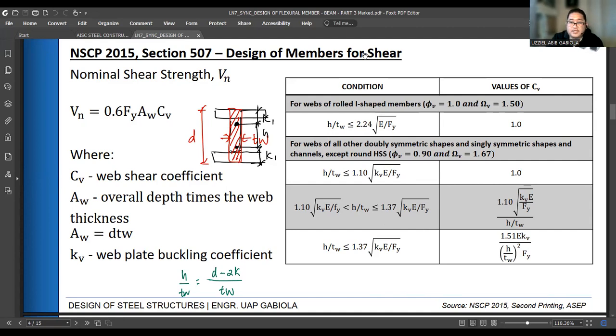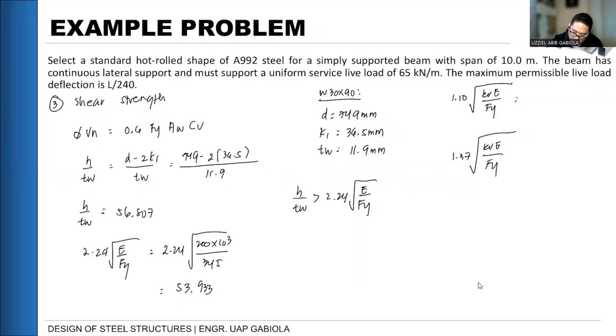So, going back do'n sa slide natin. Dito, 1.10 square root of 5 times 200 times 10 cube all over yung 345 natin. This is equals to 1.1 square root of 5 times 200,000 divided by 345, that is 59.22.